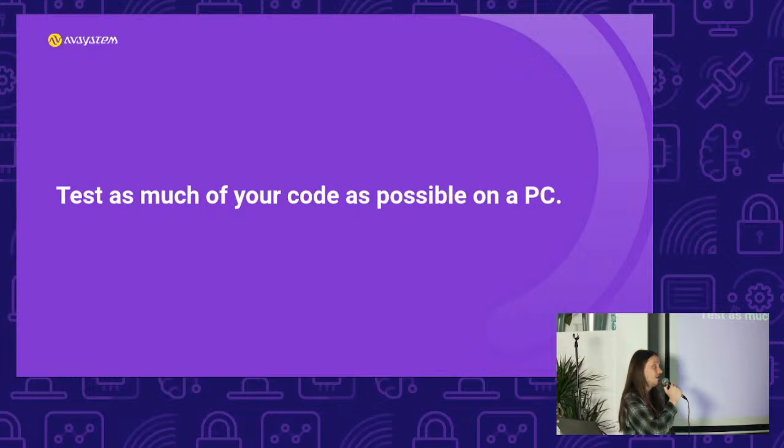Anyway, why does this matter? We are talking about embedded, right? Right, but if you can run at least some of your code on your computer and not just on your target board, you probably should, because it opens up a lot more possibilities for testing and debugging it.